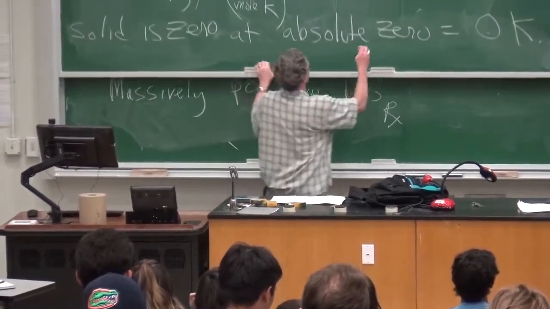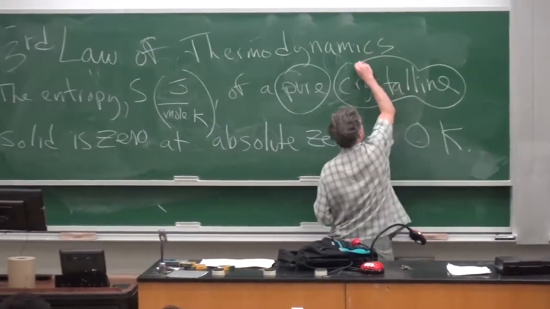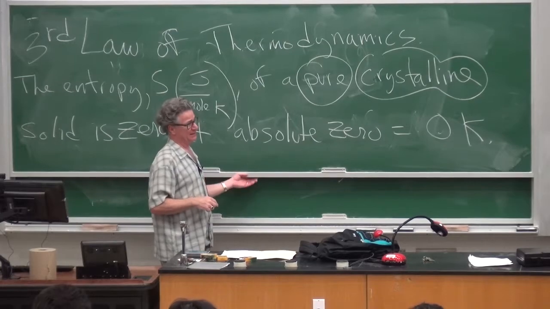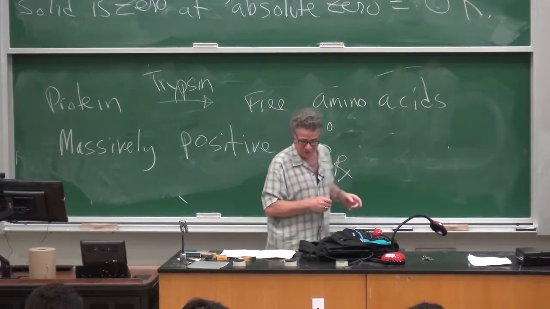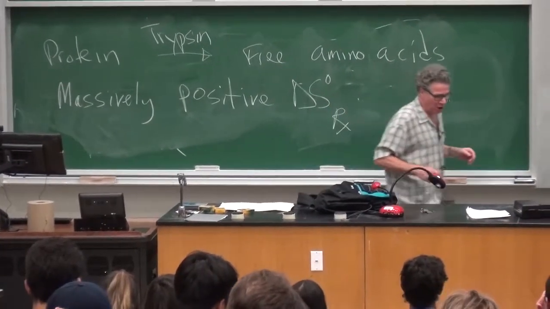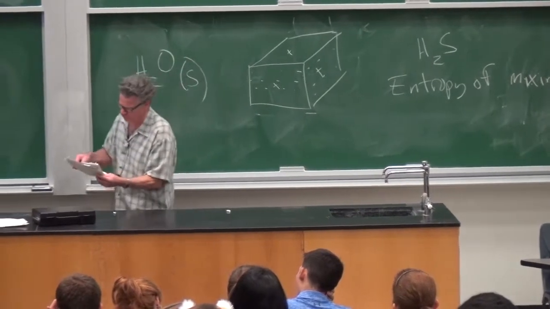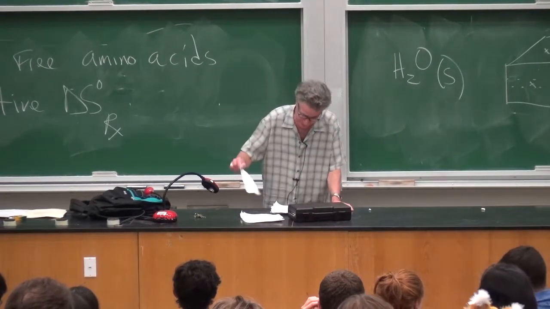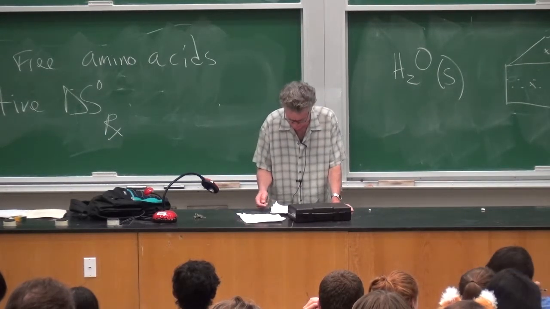It's got to be pure and it's got to be crystalline. It can be crystalline but impure, and it still has entropy: the entropy of mixing those two substances, the H2O and the H2S. Okay, so we have 3 degrees of freedom for liquids and gases, but typically only 1 for solids.